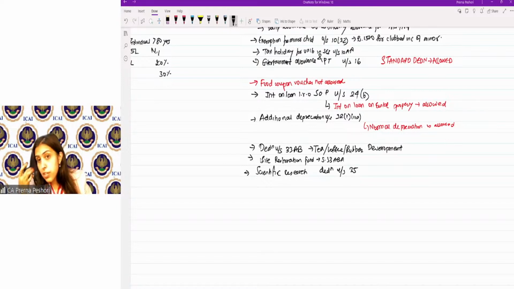So scientific research contribution to the research association or Indian company for the scientific research or to any research association for statistical research or to a national laboratory, these are not allowed.